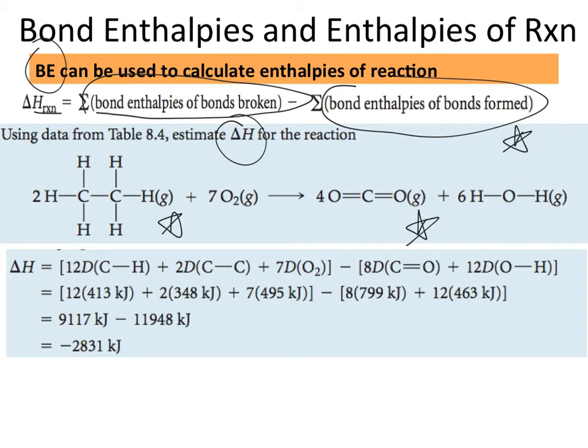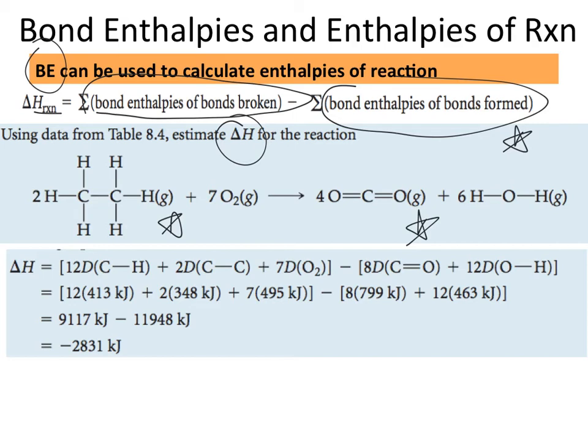In this portion of the delta H calculation, you have the number and type of bond and its bond enthalpy value, considered for every bond that exists inside the molecules.